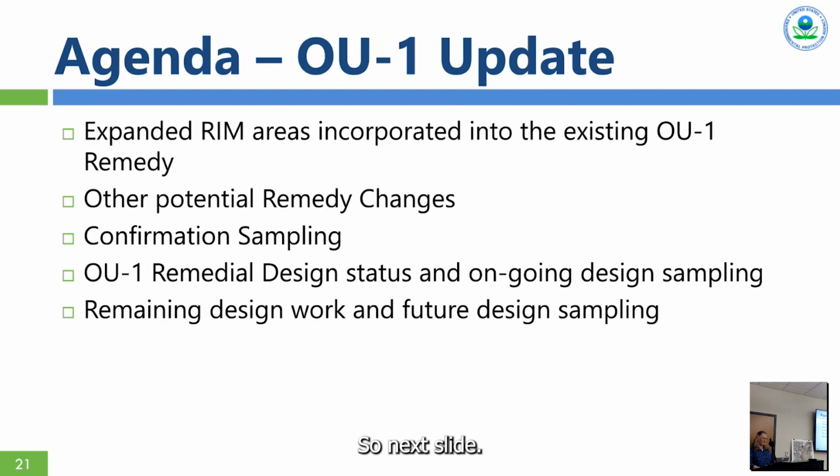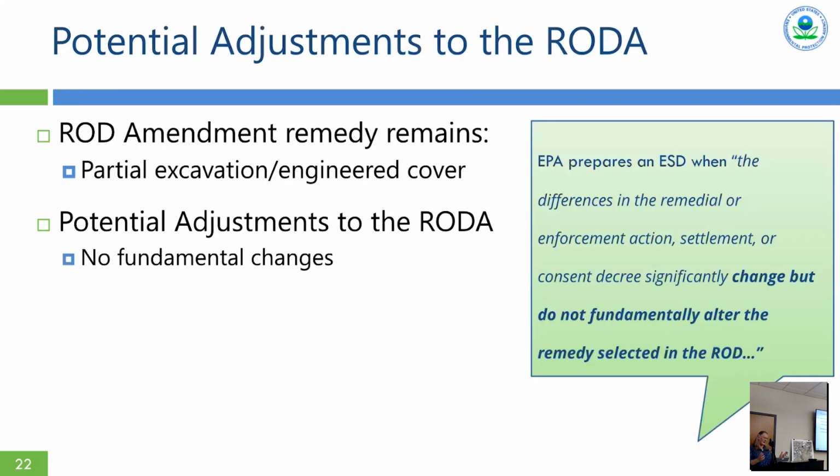Next slide. Okay, and I think I've gone over most of this. This is basically the ROD amendment. The ROD remains the same for the expanded areas. There will be excavation where the ROD describes excavations are appropriate. There will be capping where RIM is present.